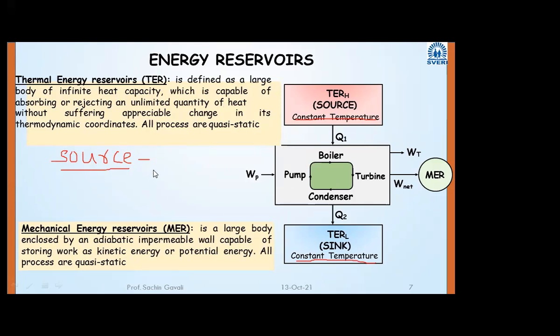So a source is a thermal reservoir which is at high temperature. Only that definition is sufficient for source. It is a thermal reservoir which is at high temperature, and from that only we can take the heat.